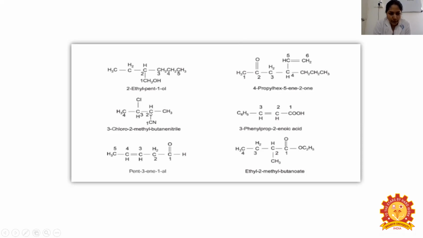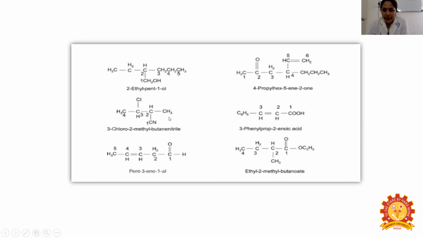3-chloro, okay. Here only we give number 1, 1, 2, 3, 4, buta. Four carbons is buta. First position nitrile, okay. Third position chloro. Second position methyl here.